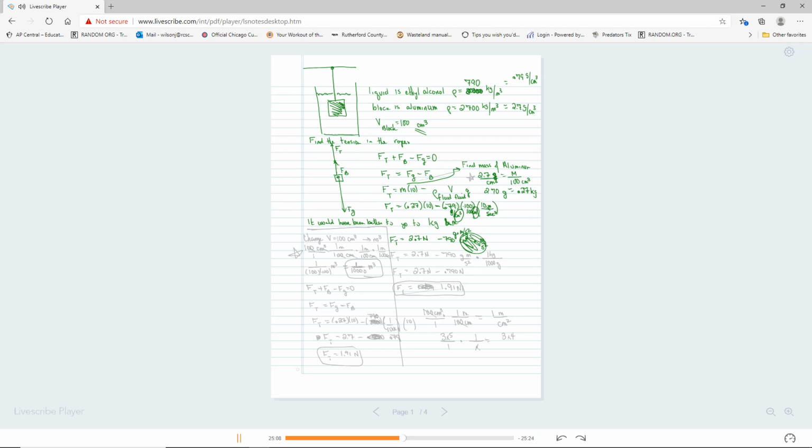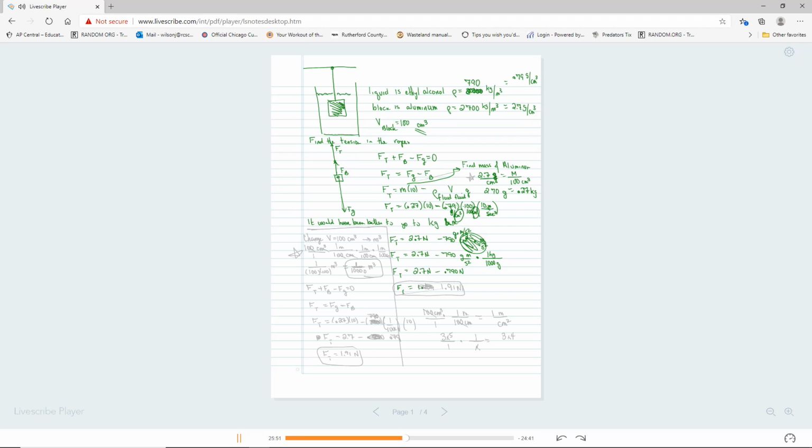All right, not as bad as we thought. 790 gram meters per second squared, and I'm going to get rid of grams. So 2.7 newtons minus 0.790 newtons would be 1.9091. Calculator.